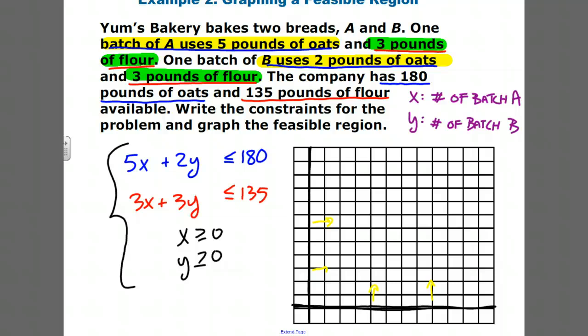If I put 0 in for y, what would x need to be when you multiply it by 5 to get 180? 36. So the x-intercept is 36, and the y-intercept would then be 90.